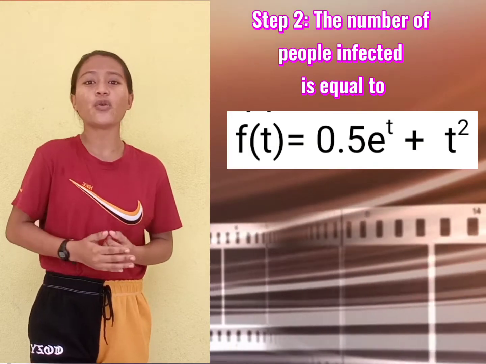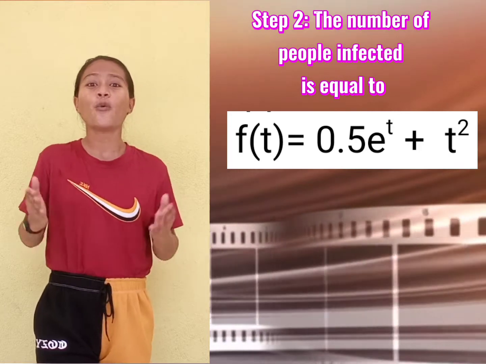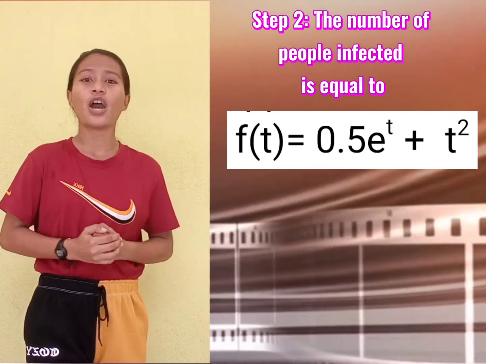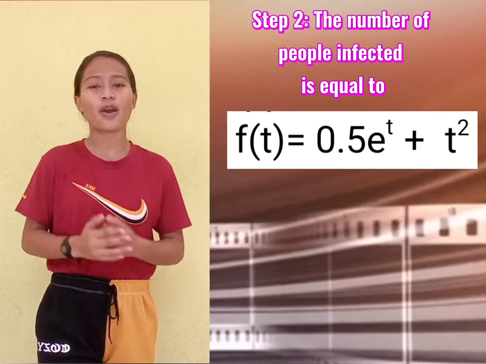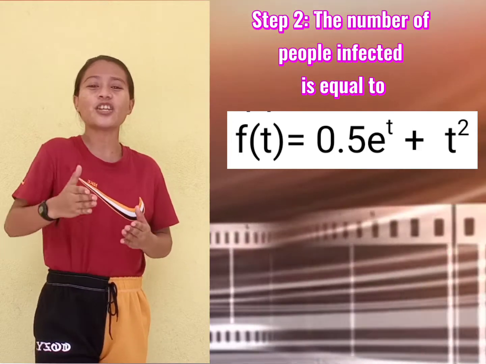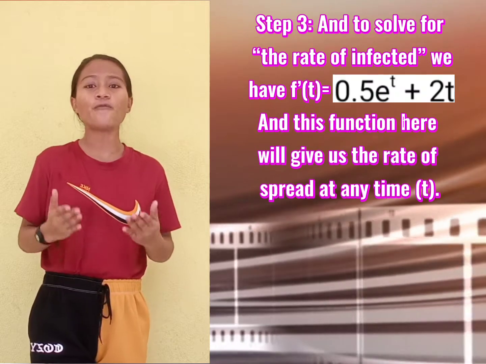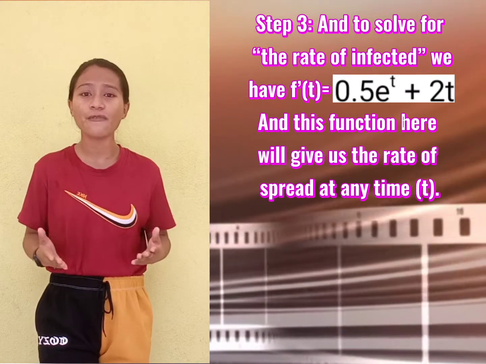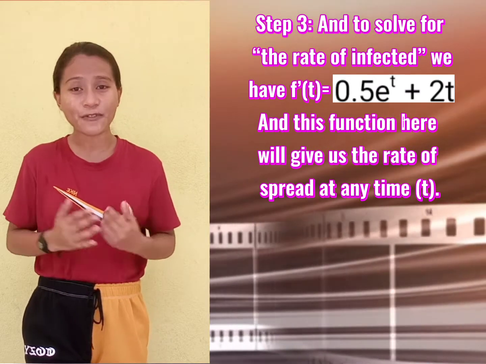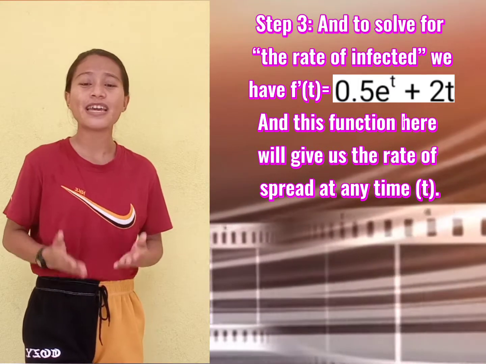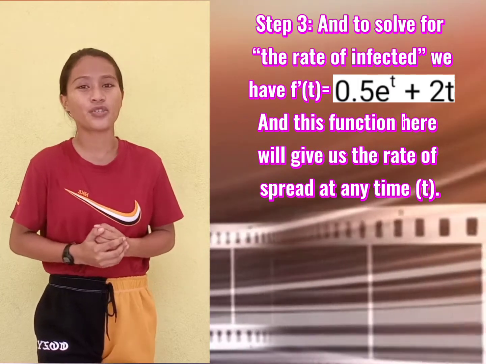Step 2, to solve it, we go back to the given, which is the number of people infected. That is, f of t equals 0.5 e raised to the power of t plus t squared. Step 3, to solve for the rate of infection, we take the first derivative of f of t, which equals 0.5 e raised to the power of t plus 2t.